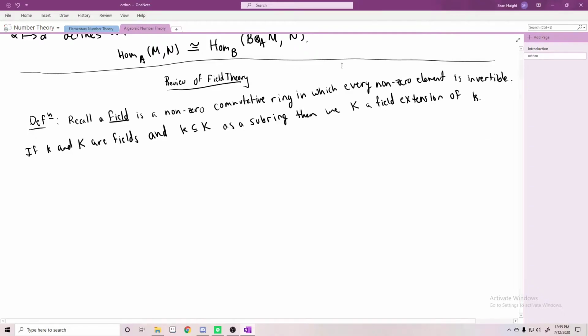Okay. So field extensions turn out to have a lot more structure than typical subrings. If little k inside of big K is a field extension, then we can naturally give big K the structure of a little k vector space.